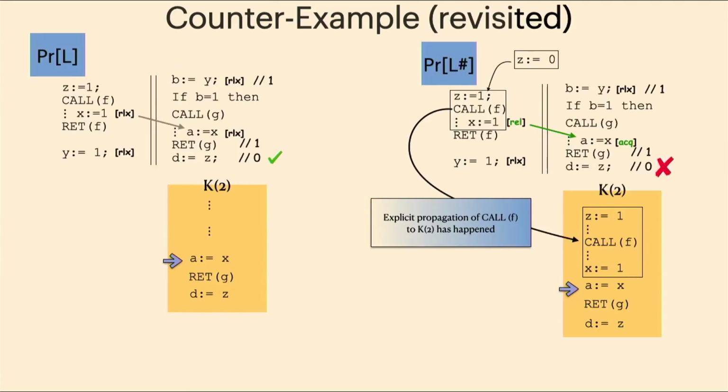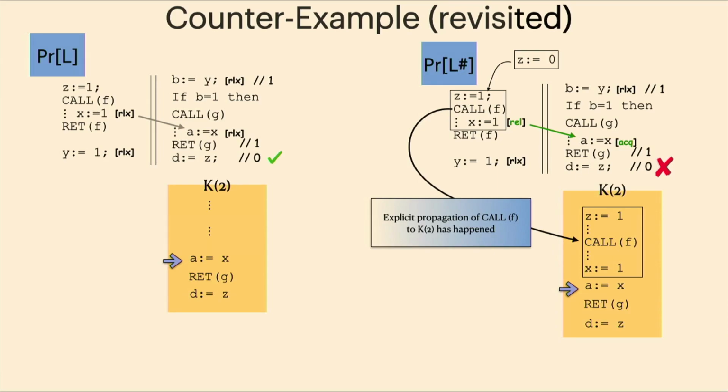Now coming back to our running counter example, if we now try to use our new semantics, let's see the difference between the knowledge sets of thread 2 in both cases. It is easy to see that if you want to have this event here, all this has to be there, right? Due to the release acquire communication going on here.